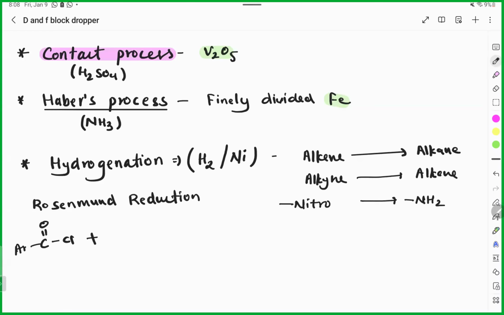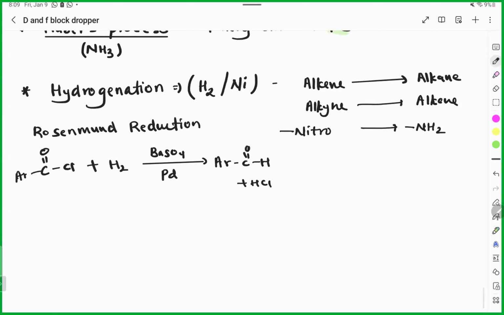What is the reaction, Varinder? We use palladium also, and then it converts into aldehyde, yes or no? Correct.